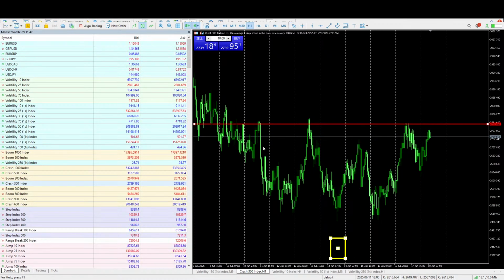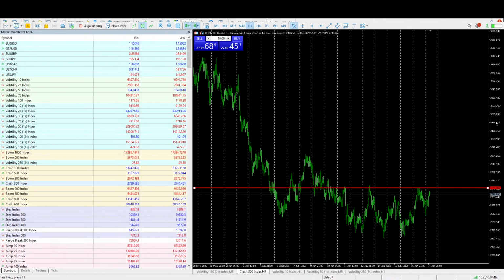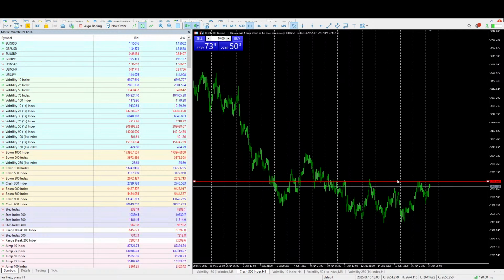Similar definition: this is the price level in the market where the price rejects. It bounces off and comes back down, bounces off and comes back down. These are levels in the market where the selling pressure prevents the price from moving further higher.